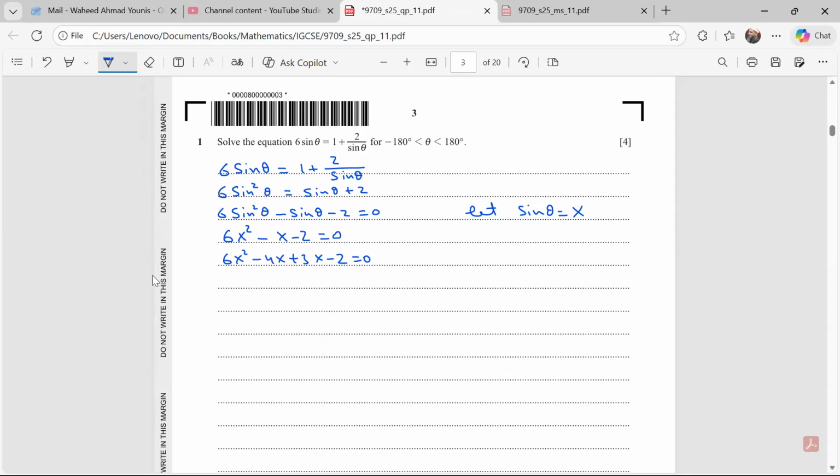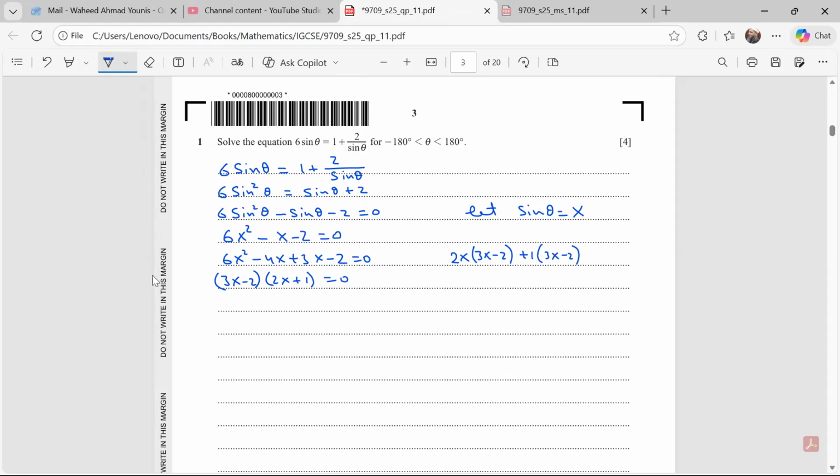If I take 2x common, it will become 3x minus 2. And then I will take plus 1 common, and it will be 3x minus 2. So I have two factors, which is 3x minus 2 and 2x plus 1 equals 0.